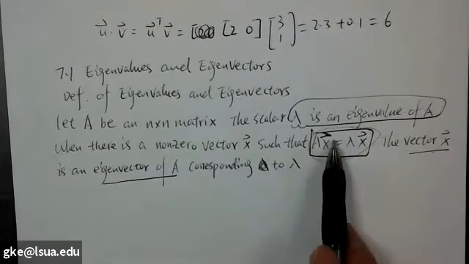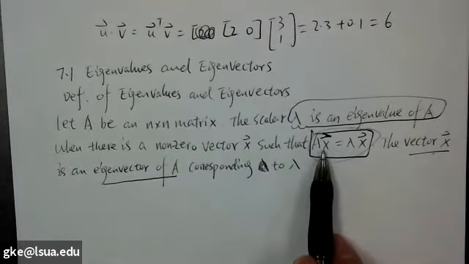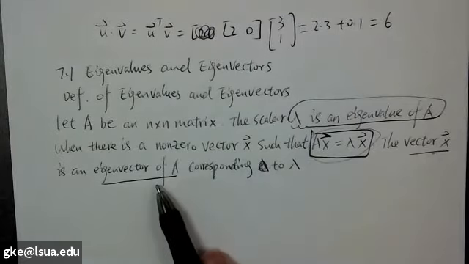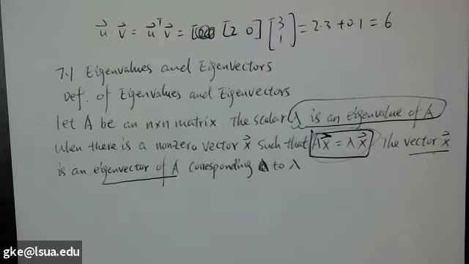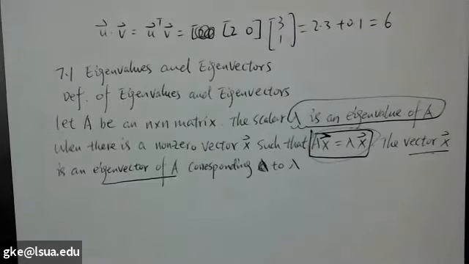We call lambda the eigenvalue and x the eigenvector. Okay, that's the definition. Now let's take a look.